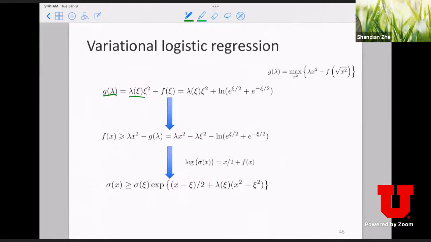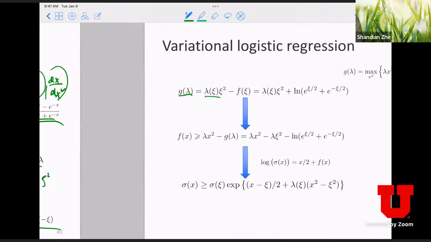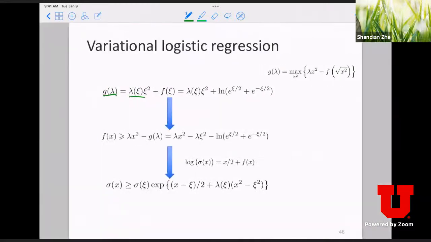So this is lambda qc times qc squared subtracted by f of qc. f of qc, according to the definition, will be minus logarithm of e to the power of half qc plus e to the power of minus half qc, minus, you get positive. That's the form of g of lambda.